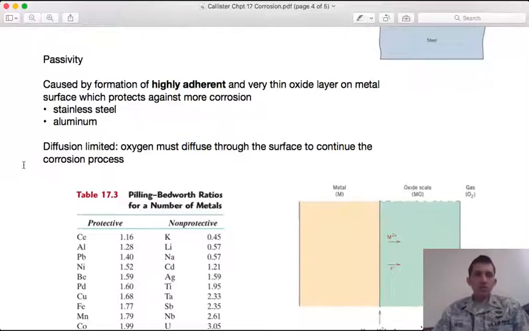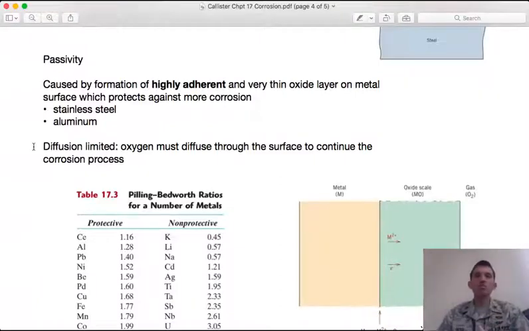If you pick a material that's considered to be corrosion resistant, oftentimes the reason is that it forms what we call a passivating film on the surface. A passivating film is essentially surface rust. It's surface oxide, but the key difference is that the oxide is highly adherent to the surface, meaning it sticks and stays and protects the surface. So that's what we mean when we say it passivates.